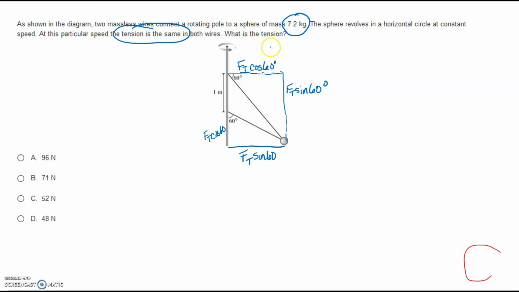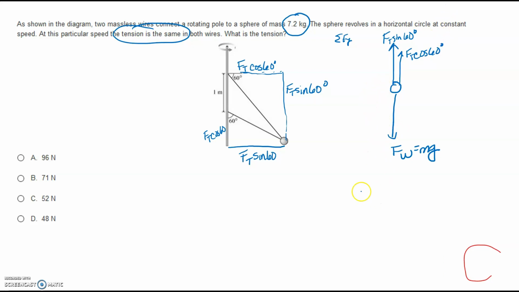Excuse me. So what I did is I did a free body diagram of the sphere. And I said, okay, everything acting in the y direction, I have my force of weight. And then I have my ft sine 60 degrees, which is here, and I have my ft cosine 60 degrees.